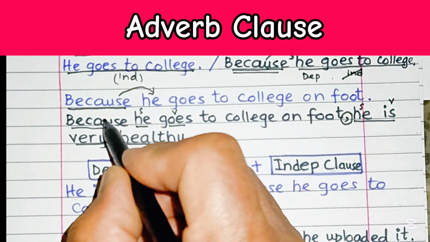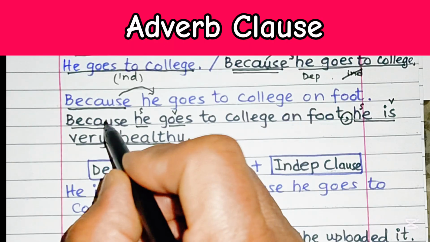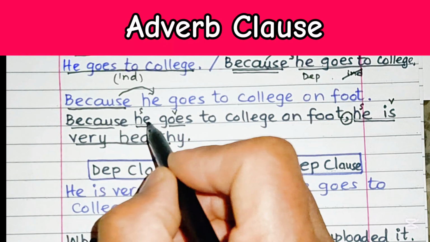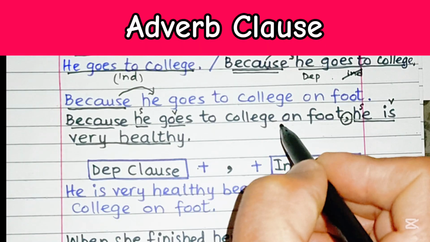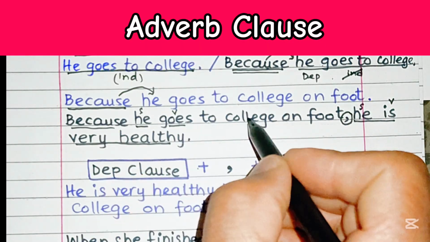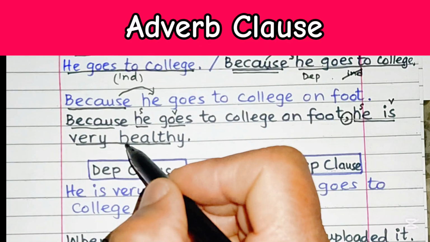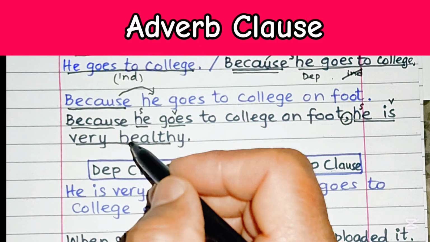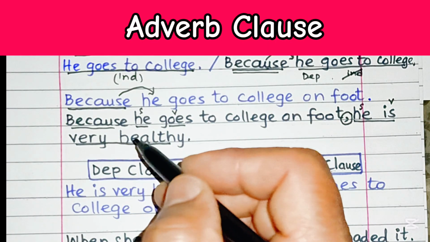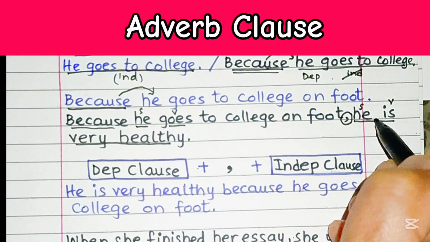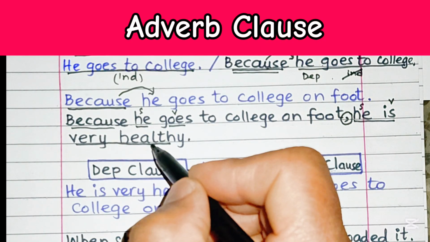But once we add because to this, which is an adverb of reason, it is going to be a dependent clause. Because he goes to college on foot, then what happens? He is very healthy. So what we have done here is that we have added a new independent clause, he is very healthy.